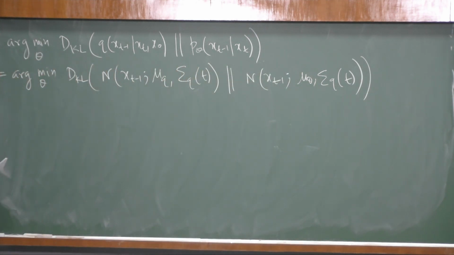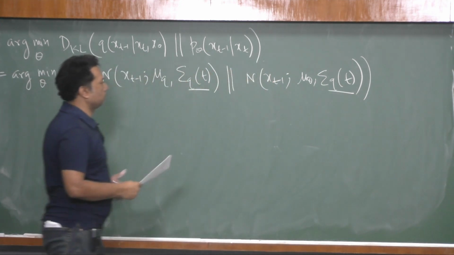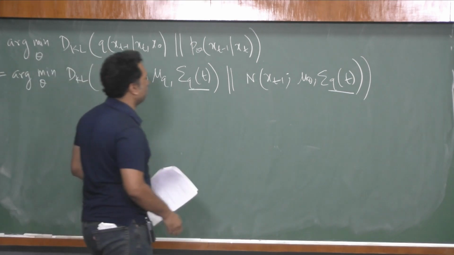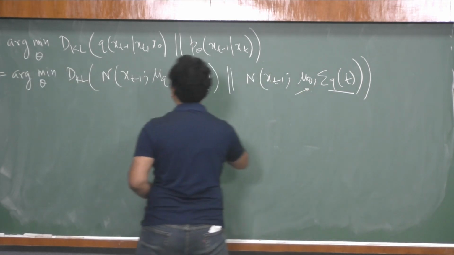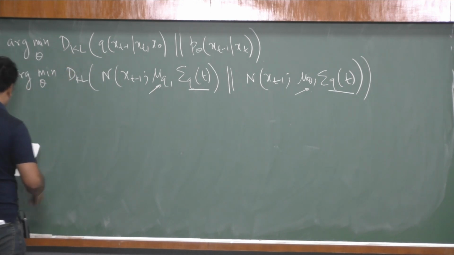As you can see, we have matched the variance terms, so they are now the same, and we have this mu theta, so we allow mu theta to predict mu q. We want to see what this expression will look like now.